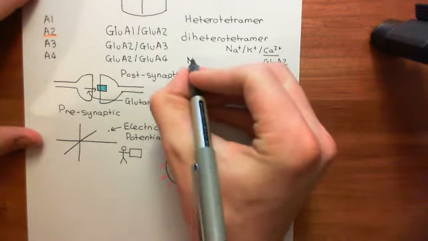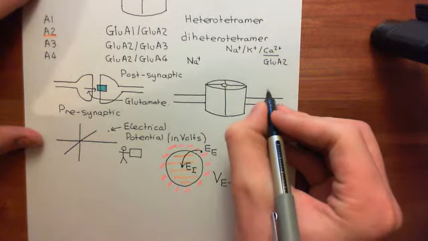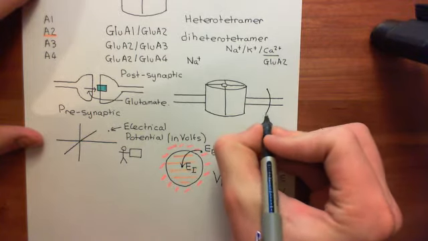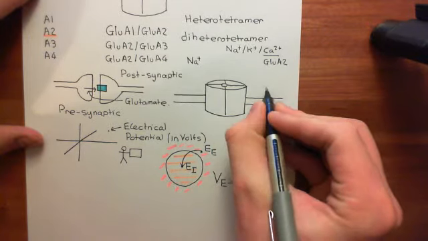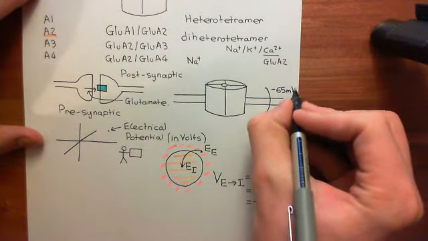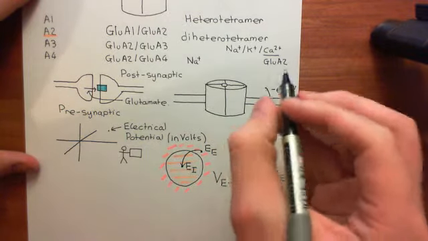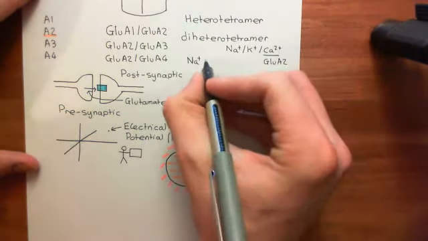Okay, so we need to know the concentration gradient across the cell membrane, and we also need to be aware of the electrical gradient, which at the moment is negative 65 millivolts. So the intracellular electrical potential is lower than the extracellular electrical potential by 65 millivolts. So what's the concentration gradient then?